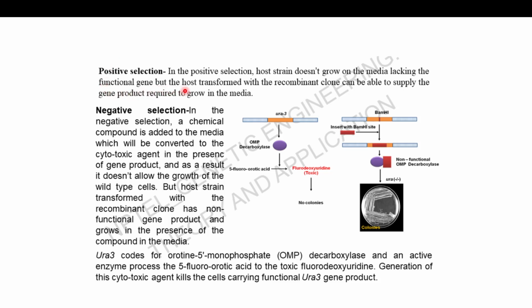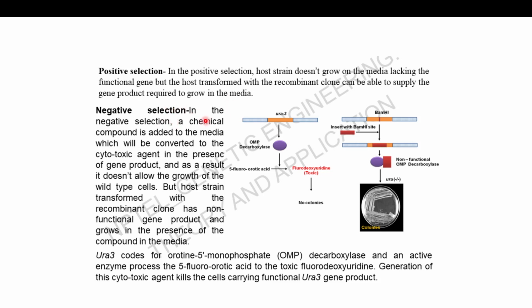But if the host has taken up the recombinant plasmid, then the gene encoded by the plasmid will supply the gene product required to grow in the media, and hence the host strain will grow on that particular medium.